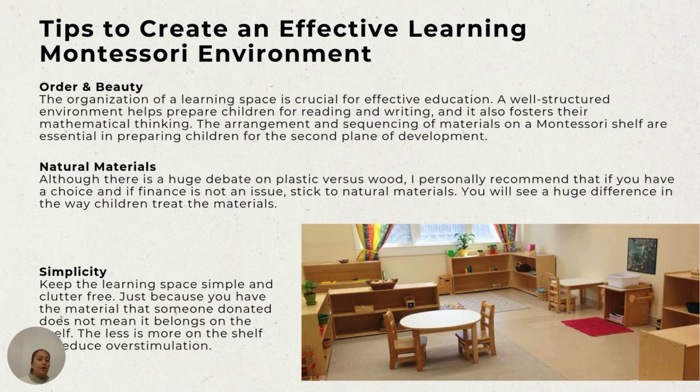A Montessori environment should always have order and beauty. The organization of the learning space is very crucial. A well structured environment fosters the mathematical mind. That is the next plane of development, which is 6 to 12. Whatever we are doing in 0 to 6 is preparing the child for the next plane of development.